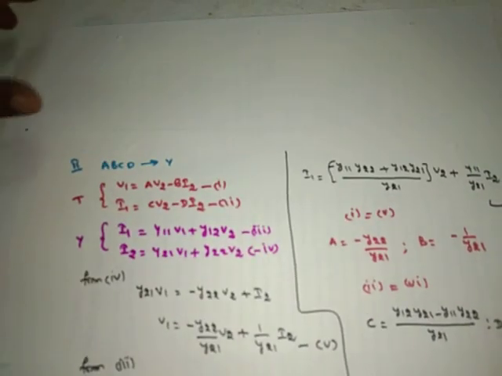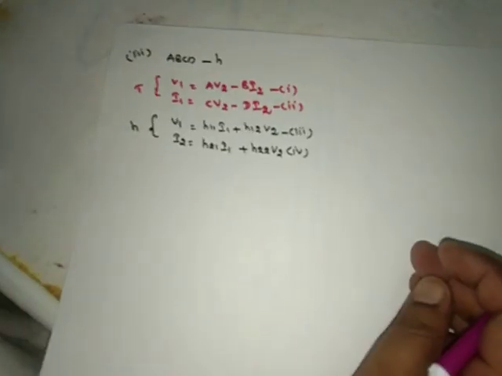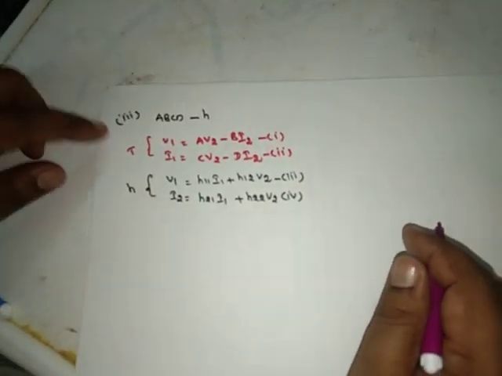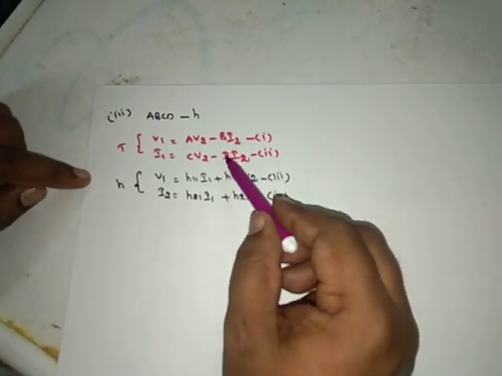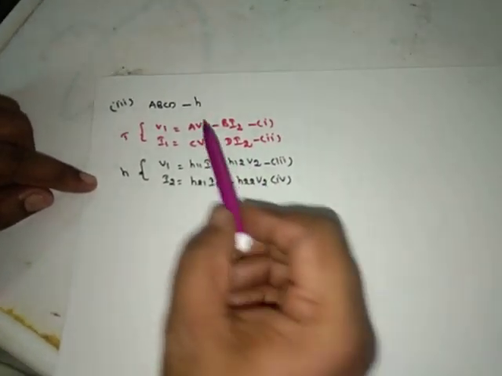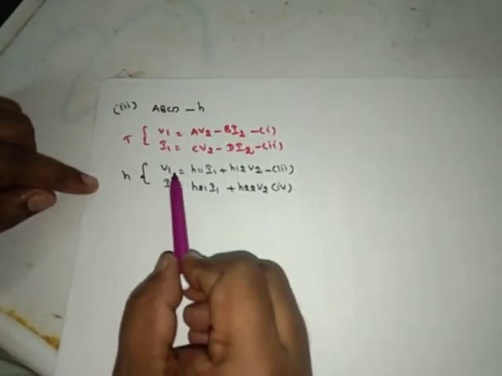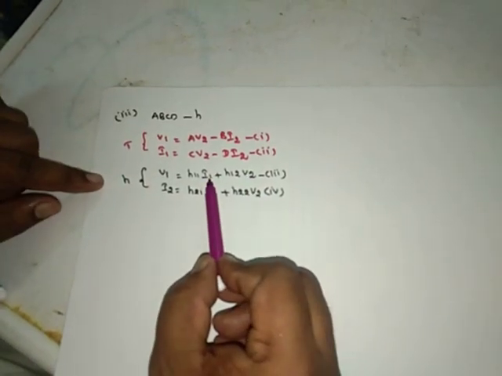And third one, final one is ABCD parameters in terms of h. Now third one is ABCD parameters in terms of h parameters. Okay, same as previous case, write down the basic equations in T and h. Observe here v1 is function of v2 and i2. Here also v1 is function of v2 and here i1.